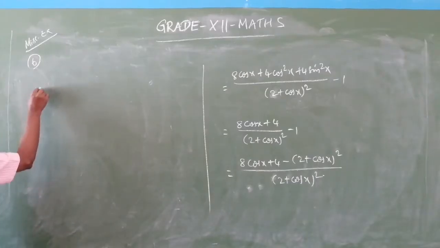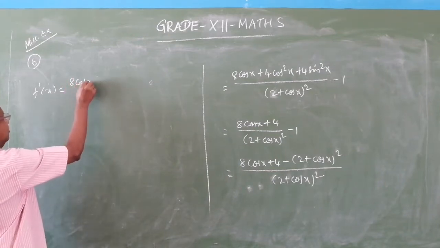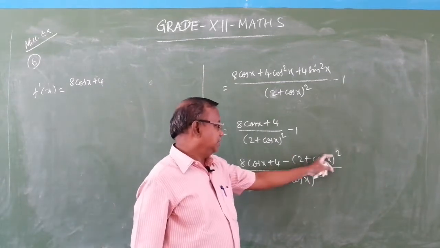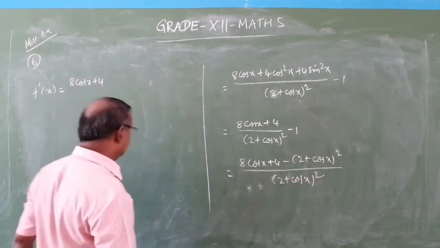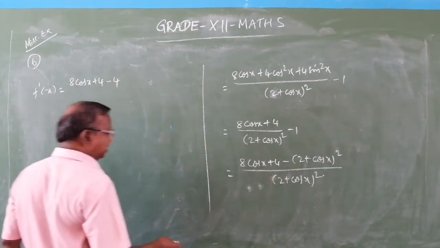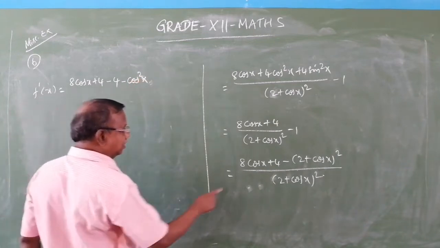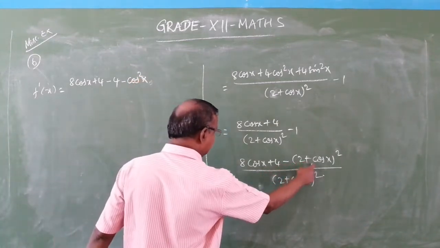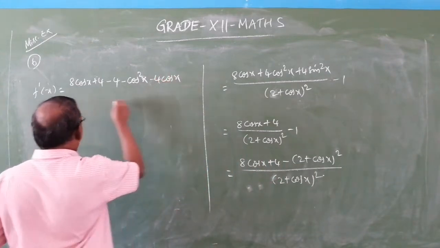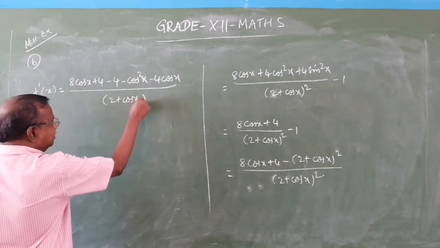Expanding this, f dash of x equal to 8 cos x plus 4 and the entire term is negative within the bracket, using the a plus b the whole square formula. A square means 4, that is the common minus 4, b square means minus cos square x, and 2ab means minus 4 cos x, divided by 2 plus cos x the whole square.